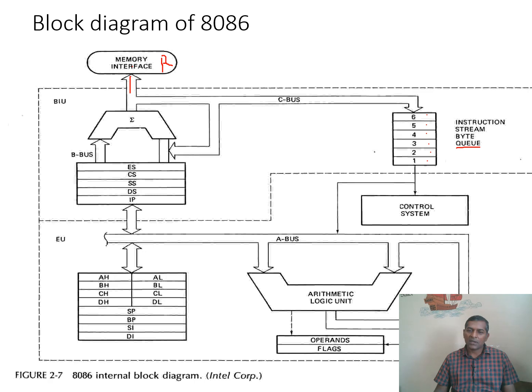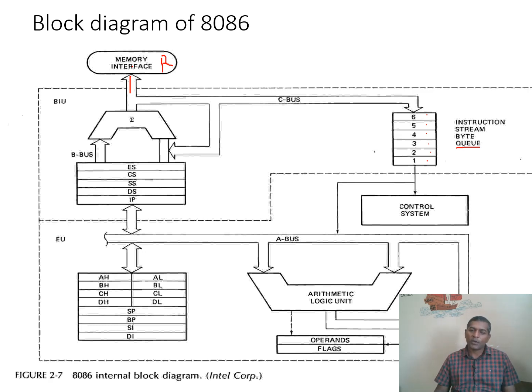So the instruction will be provided through this bus to the arithmetic and logical unit. But before the arithmetic and logical unit, the data has to be provided in these registers. Let's say we will be adding two numbers, like 1111 and 2222.